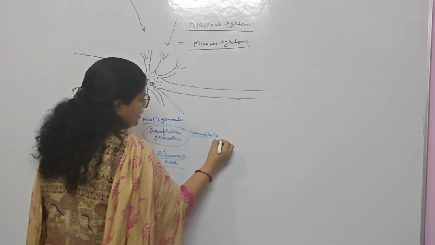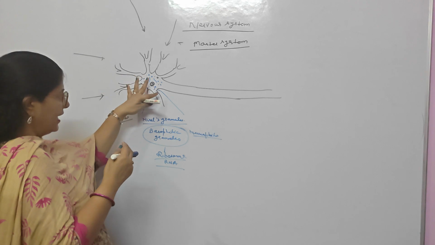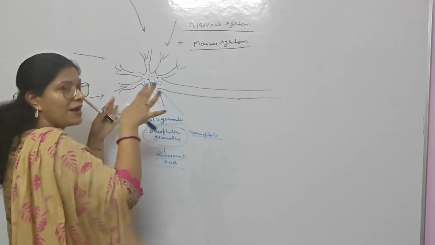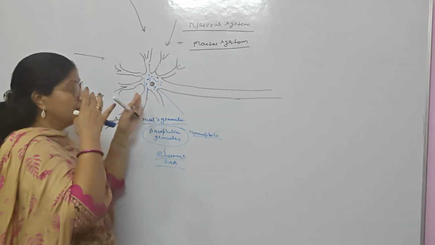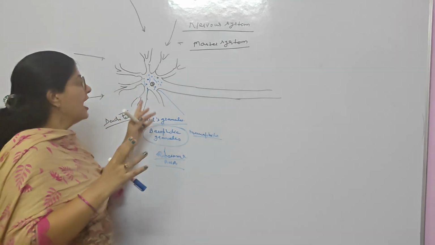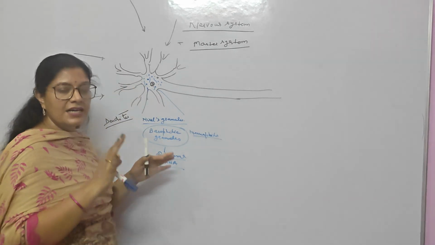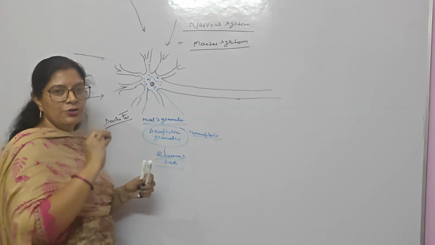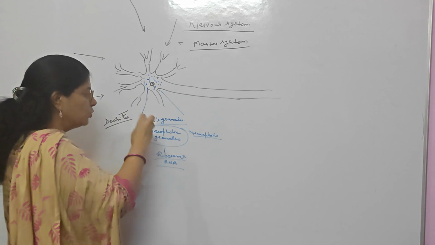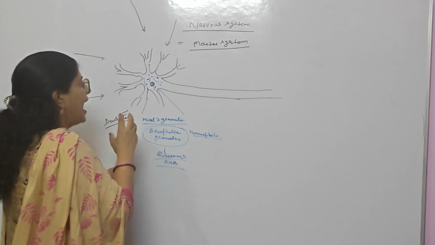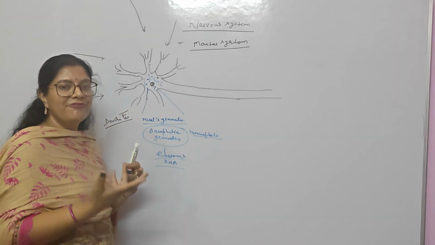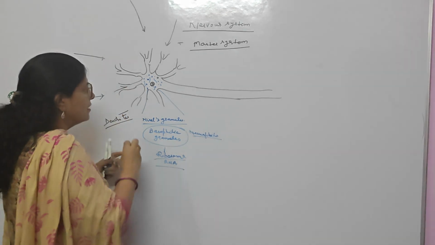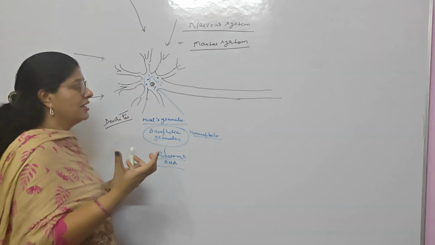So what we have to learn: a cell body which is known as soma or perikaryon; branches from there, known as dendrites; a central nucleus, a nucleolus; and Nissl's granules which take the dark blue color, so basophilic, because it is RER, rough endoplasmic reticulum.